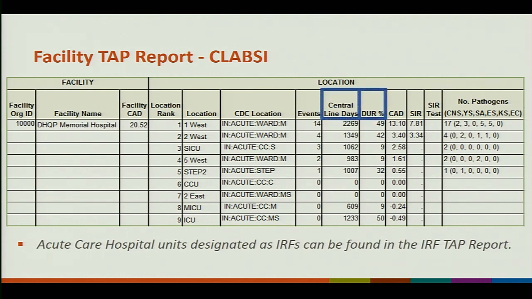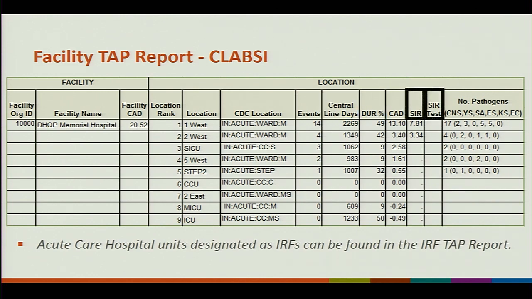Not to be confused with the SUR. The DUR is just the ratio of your device days to patient days. It's letting you know how many of your patient days in that location were also a device day as well.